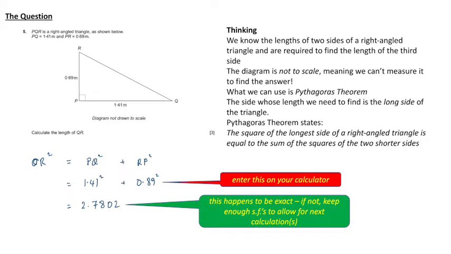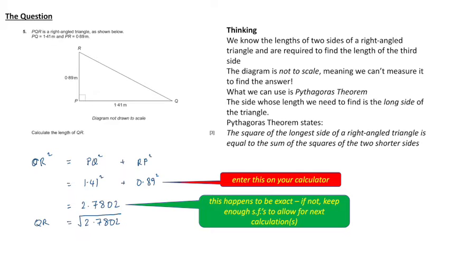Because this is exact, I would write down all the digits. In another question, if it had a lot more numbers after the decimal point, then make sure you keep enough significant figures to allow for the next calculation, so one or two more than the number of decimal places you want in the answer. And that's QR squared, so we need to square root both sides.